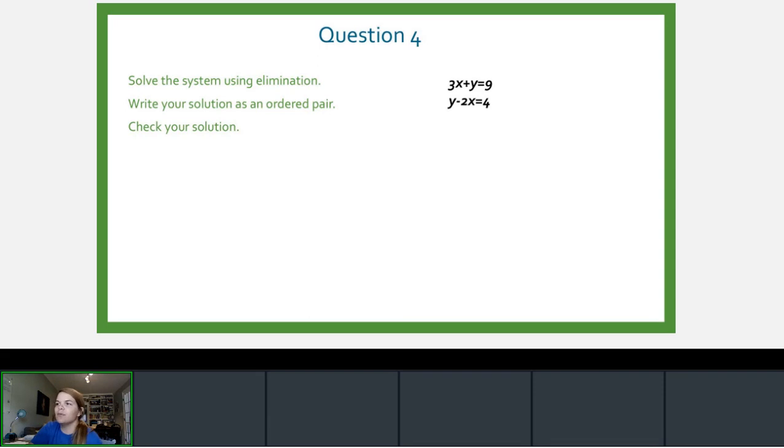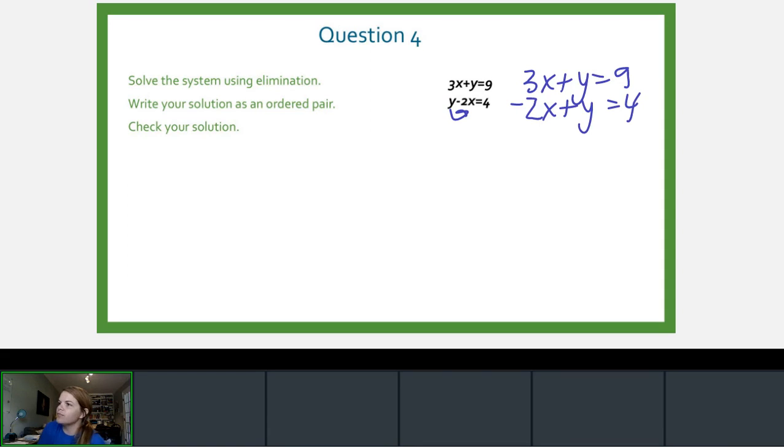Okay, we want to be careful on this one because our x's and y's are not directly under each other. So let's rewrite these so that we have 3x plus y equals 9, and then we're going to switch the order of the other one, so we have negative 2x plus y equals 4.